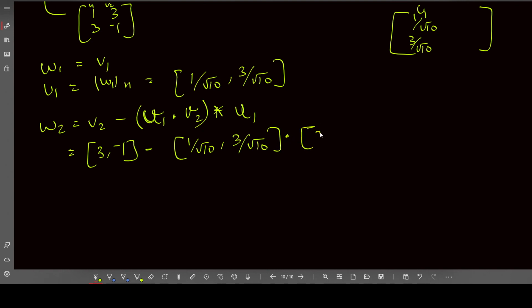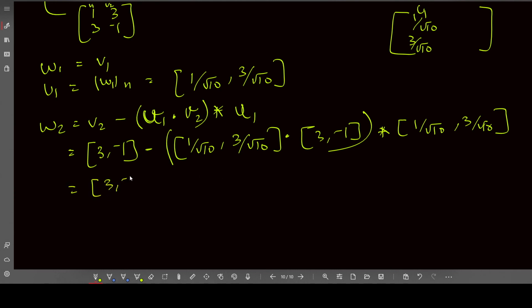V2 is again 3 comma minus 1, and you multiply this into U1, which is 1 by under root 10 and 3 by under root 10. Okay, so this is equal to 3 comma minus 1 minus 3 by under root 10 and minus 1 by under root 10. This again comes out to be 0.